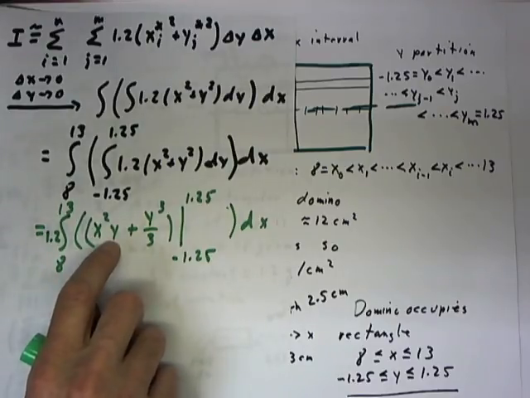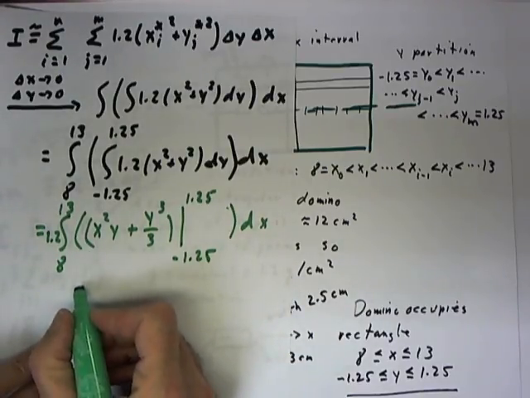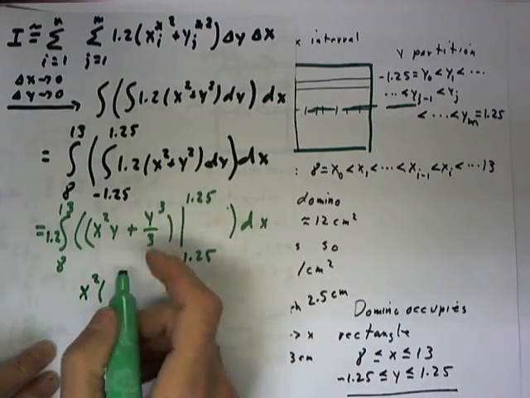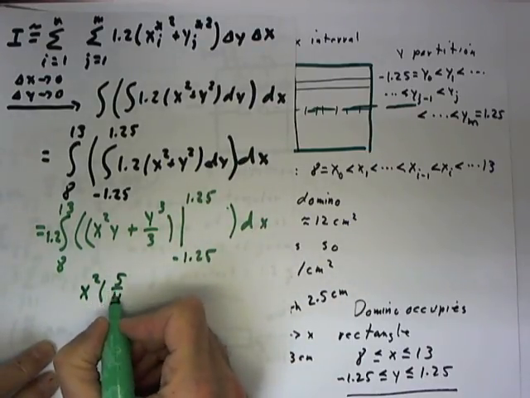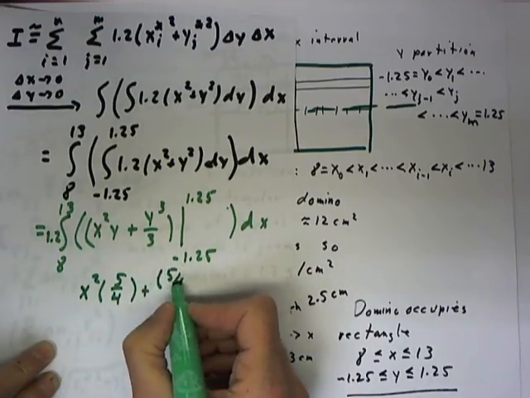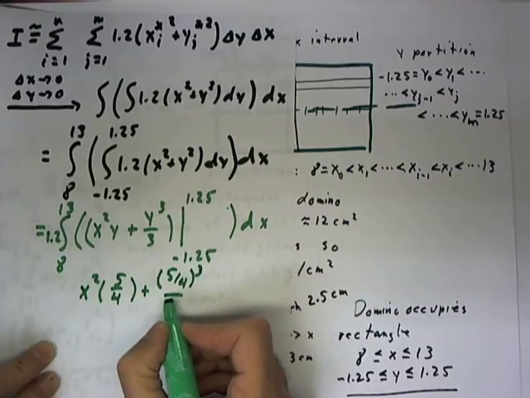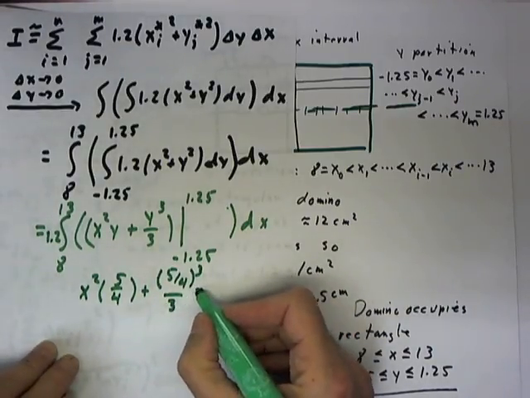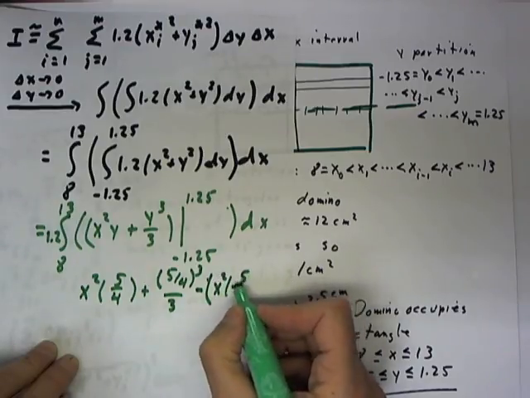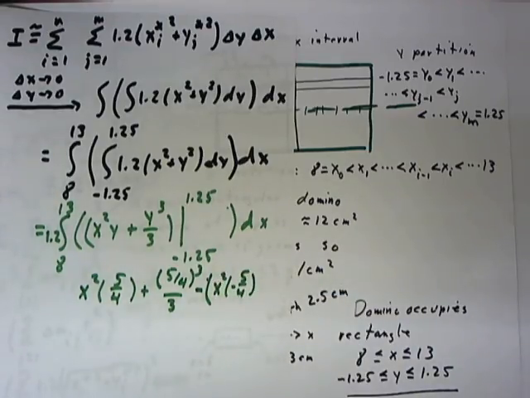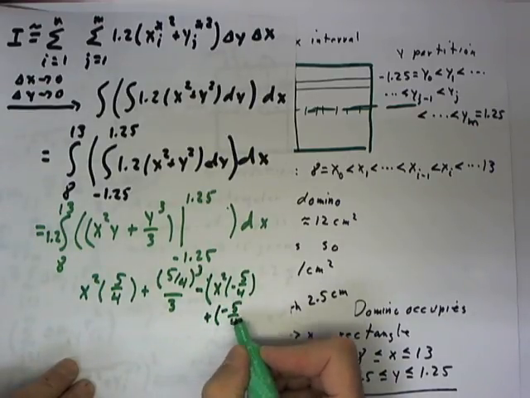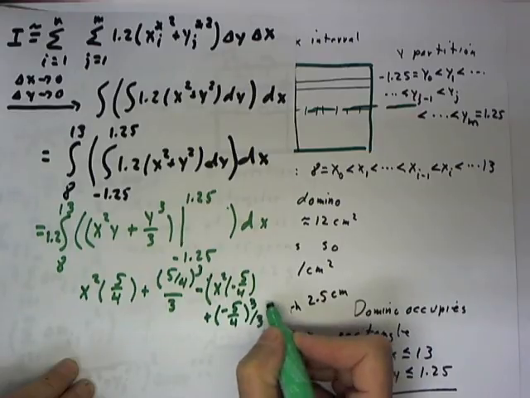Now, x squared y is going to give us x squared times 1.25, and I'm going to write this as 5/4. Then we're going to have 5/4 cubed over 3 minus the quantity x squared times negative 5/4 plus negative 5/4 cubed over 3.